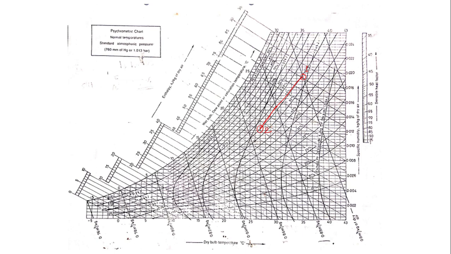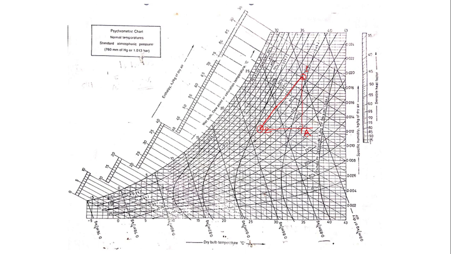Now to get the sensible heat between 1 to 2, I will draw one vertical line from point number 1, and one horizontal line from point 2, something like this. Wherever these two lines intersect, I'll mark the point A.